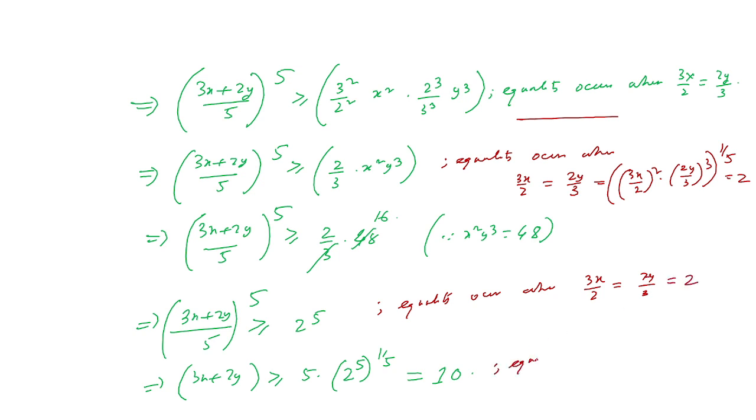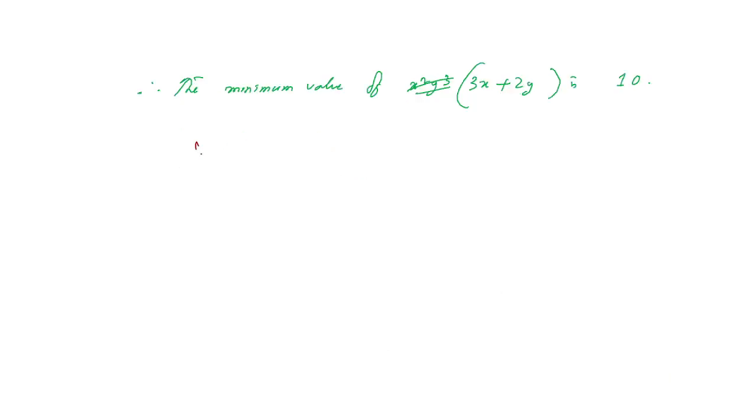That means equality occurs when x equals to 4 by 3 and 2y by 3 equals 2, so y equals to 3. And it is attained when x equals to 4 by 3 and y equals to 3.